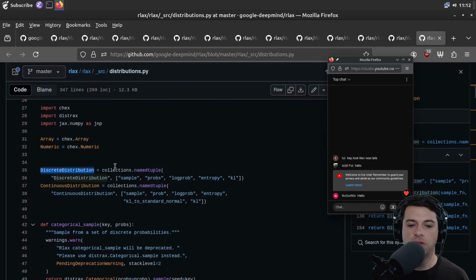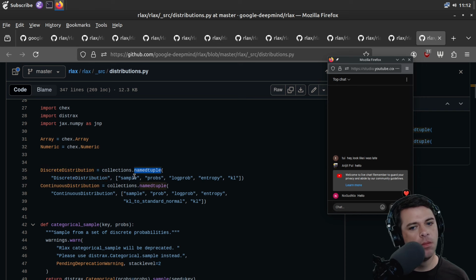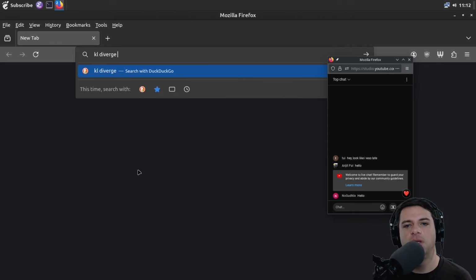Okay, so we have some discrete distributions. The distribution has sample, probs, log prob, entropy, and KL. I guess like the Kullback-Leibler divergence. I don't want to get that person's name wrong.